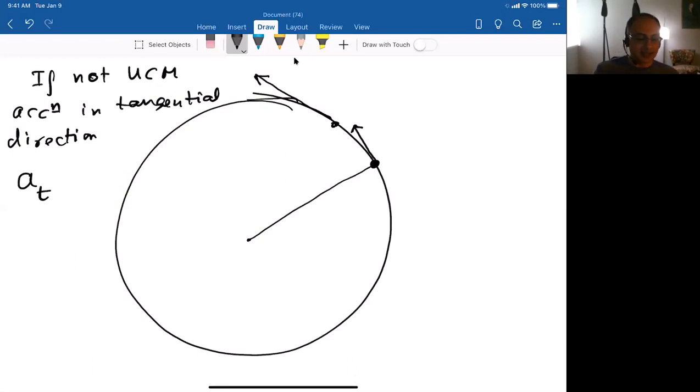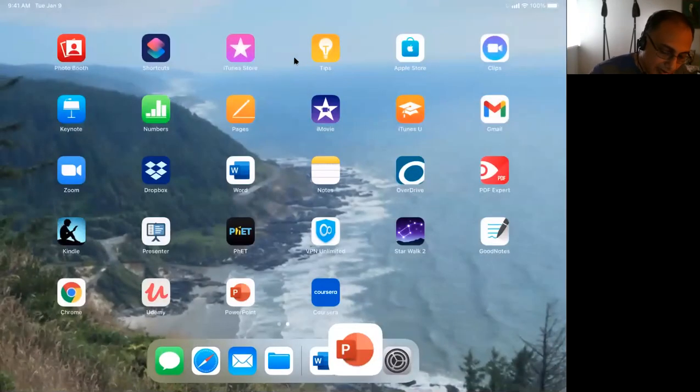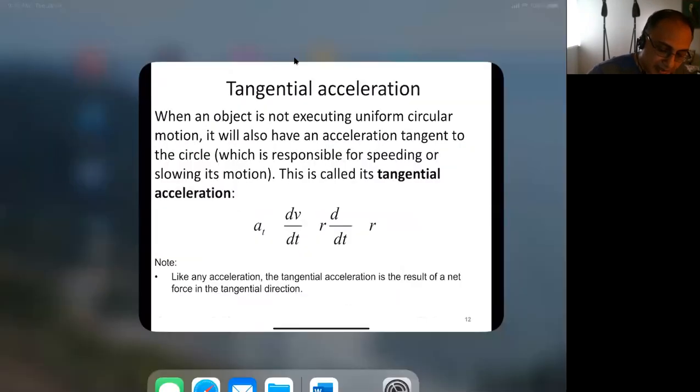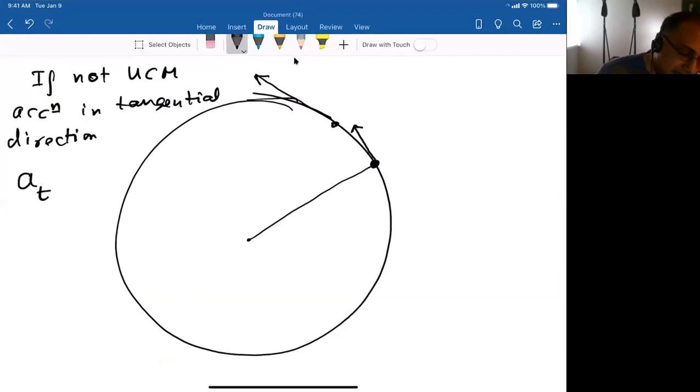So a sub t is its acceleration in the tangential direction. We can easily derive an expression for a sub t. Its velocity in the tangential direction is v. A sub t just measures how fast its tangential velocity is changing. So a sub t is defined as dv dt.